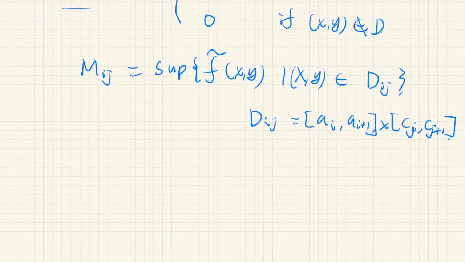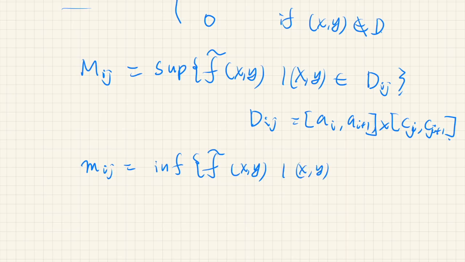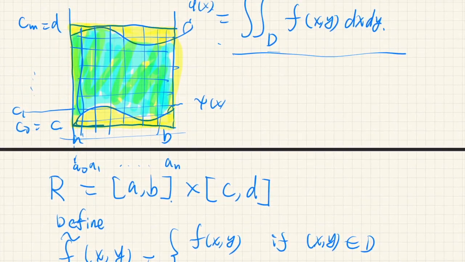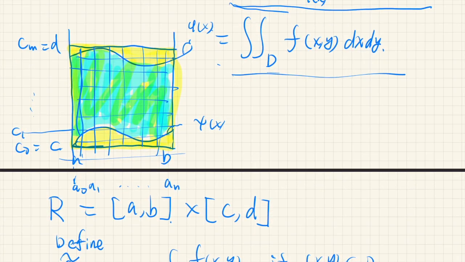And also lowercase mij as the infimum of the functional value where x and y are in Dij. So that means we define uppercase Mij and lowercase mij for each of these small rectangles.